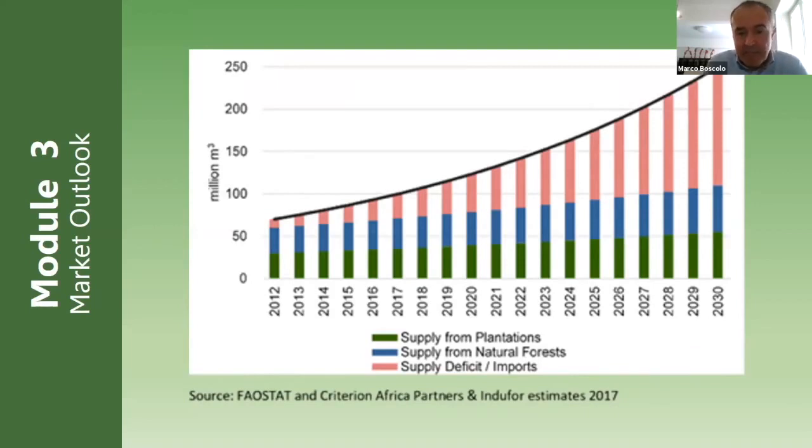I am anticipating that some of the people in the call have gone through some other FAO training, like the market analysis and development, which is an excellent training, and also tackles this question of the market outlook.